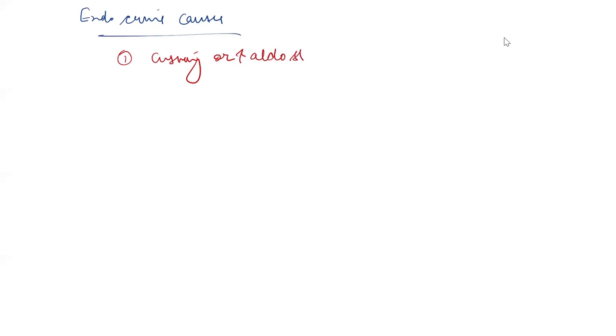Then we have endocrine causes. In endocrine causes, the first is Cushing's or hyperaldosteronism. The clue is that these patients would be having hypokalemic metabolic alkalosis.